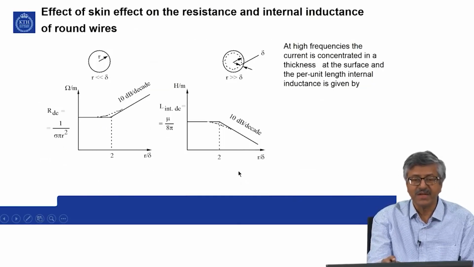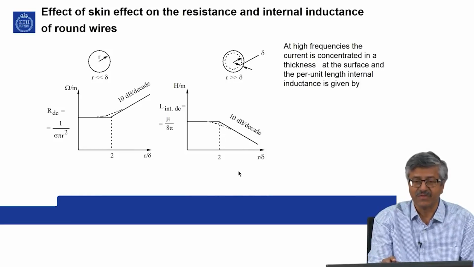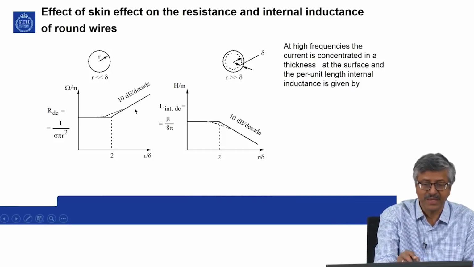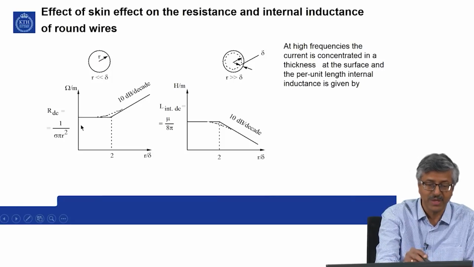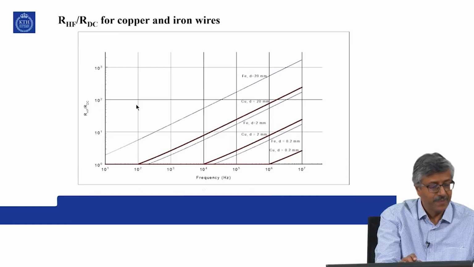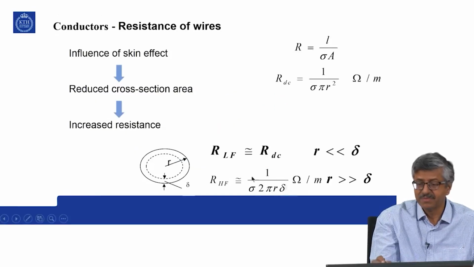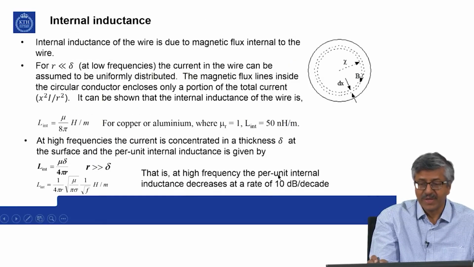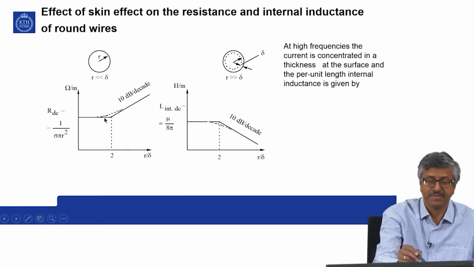Now, the effect of skin effect on the resistance and internal inductance of round wires. We have seen that the resistance is increasing 10 dB per decade. So, it is shown in the form of a curve here. The basic expressions you have seen. This is the expression, 1 over delta, where delta is proportional to 1 by root f, so root f is coming on top. So, 10 dB per decade increase, and that is what we are seeing in this picture.